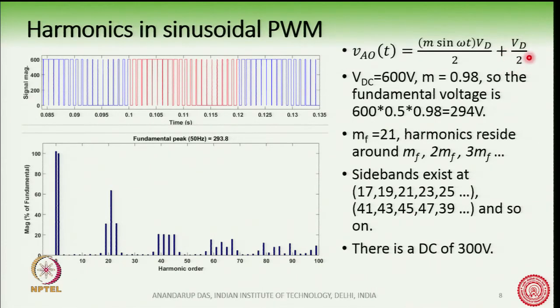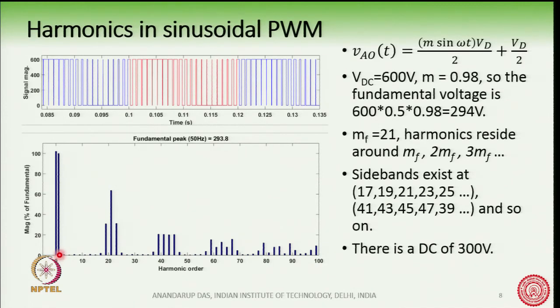We have seen it here, the DC is equal to Vd by 2, and so it must be equal to 600 by 2, that is 300 volts, which is here. This is shown as a percentage of fundamental. So, the fundamental voltage here is taken as 100%, which is equal to 294 volt, and which is also obtained from simulation, 293.8, which is almost equal to 294 volts.